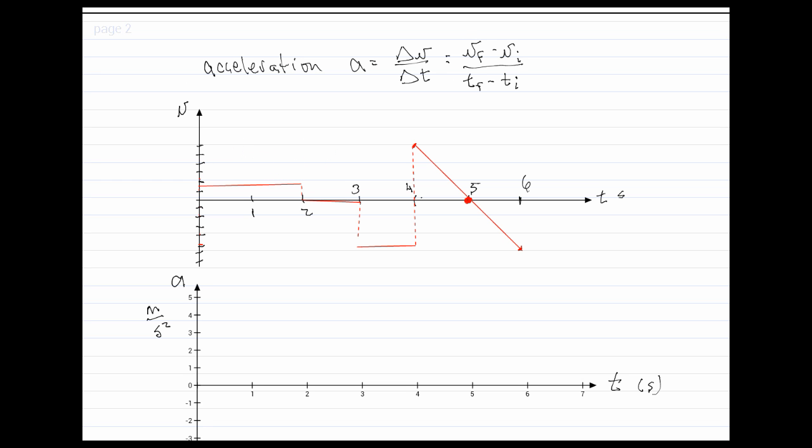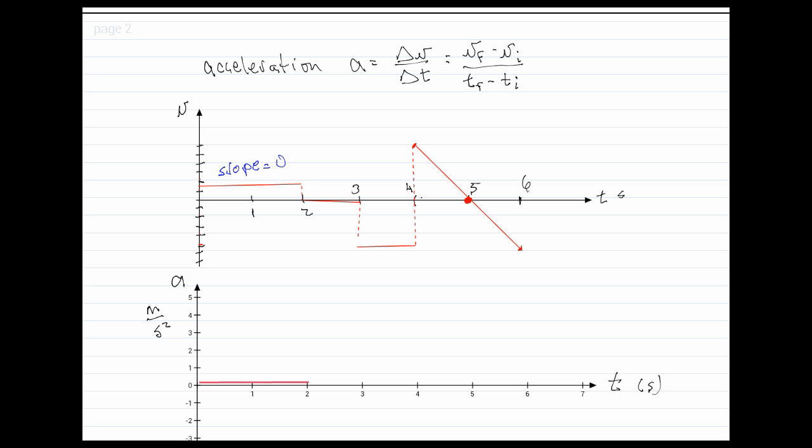So the slope of this line is equal to 0, and that's what our acceleration is. So we can plot acceleration down here. On this interval from 0 to 2, we get nothing.